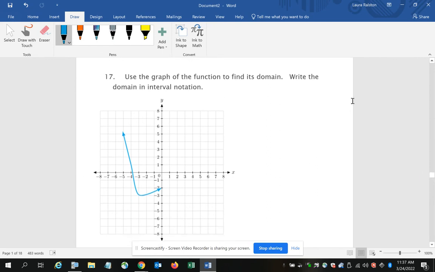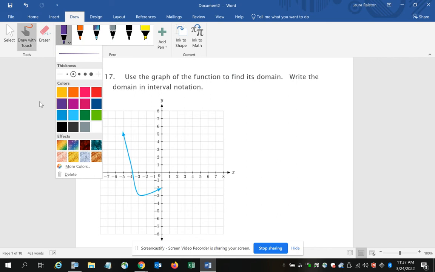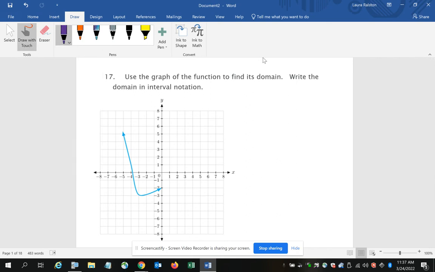Number 17 says use the graph to find the domain of the function. What you have to remember here is that domain corresponds to the x values.